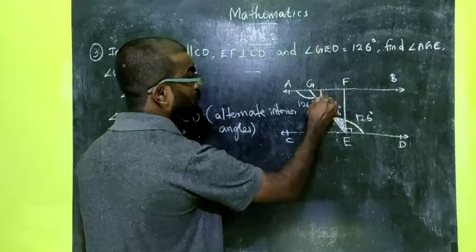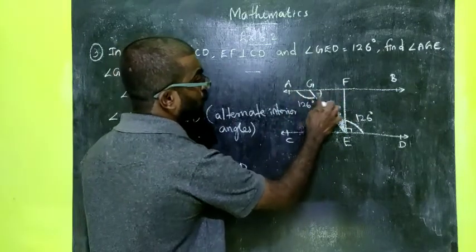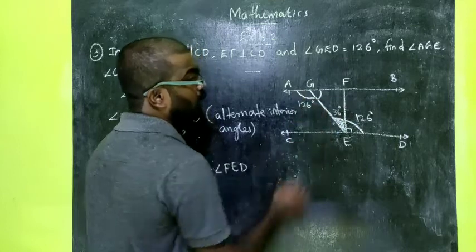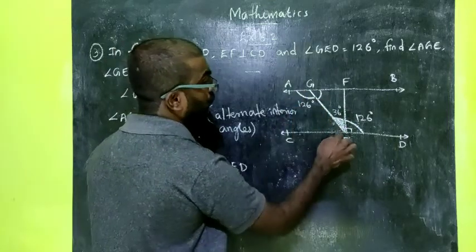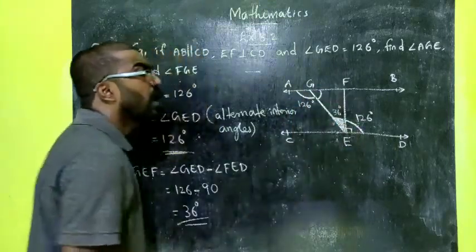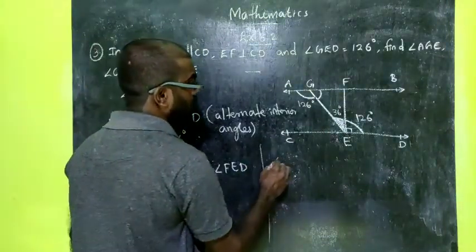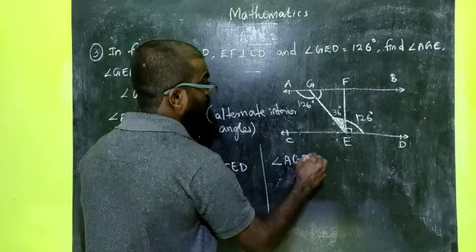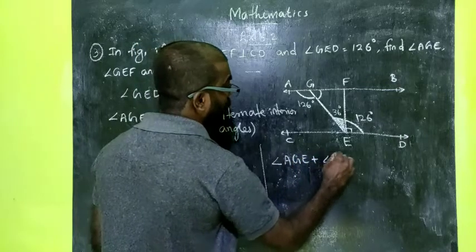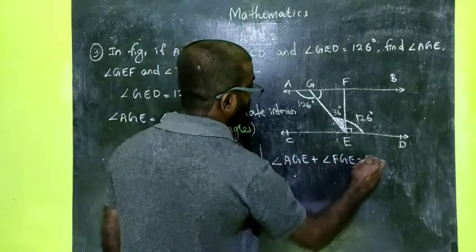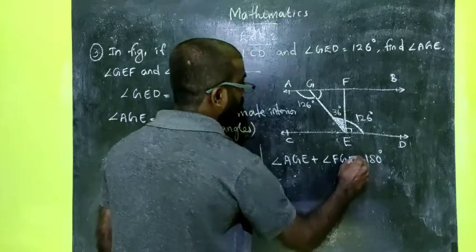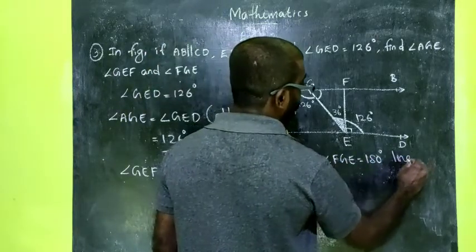Now the last one is angle FGE. What is the relation between these two angles? Linear pair. So AGE and FGE are a linear pair. So the sum will be 180 degrees. So we can write angle AGE plus angle FGE will be equal to 180 degrees, linear pair.